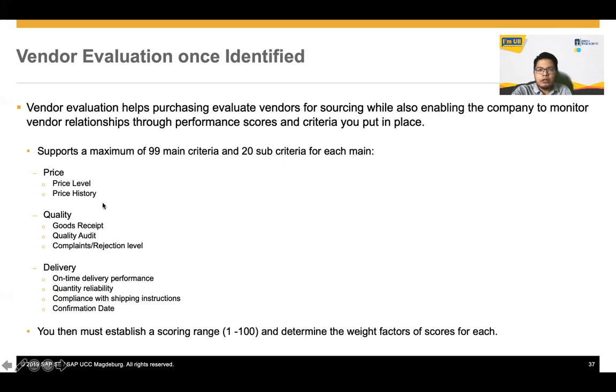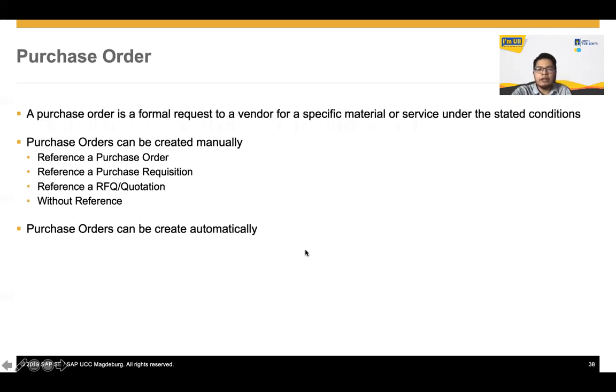Perhaps our company puts more priority on the price, then the weight for the price will be higher than the others. And then the system will determine and calculate which vendor is the best one. Okay. And then after we decide which vendor, we can do the purchase order.